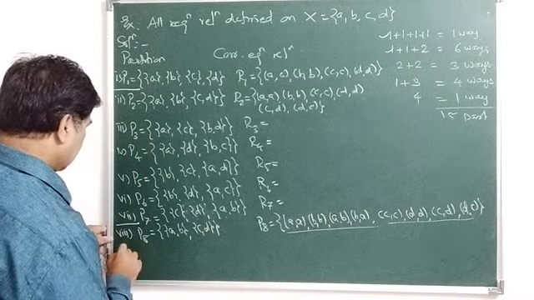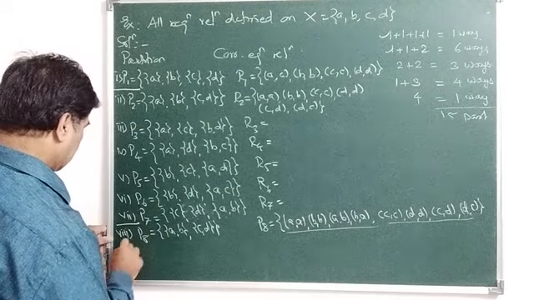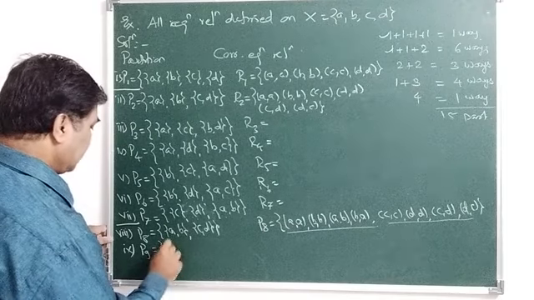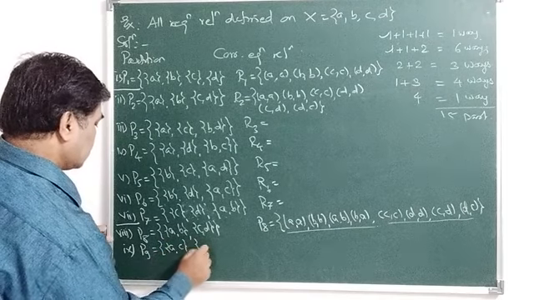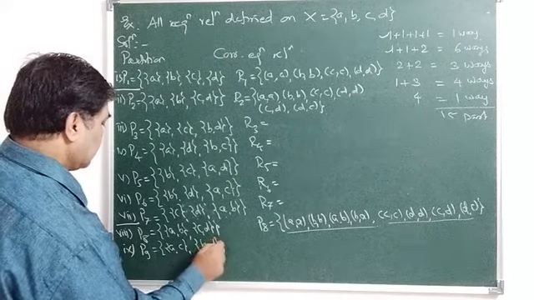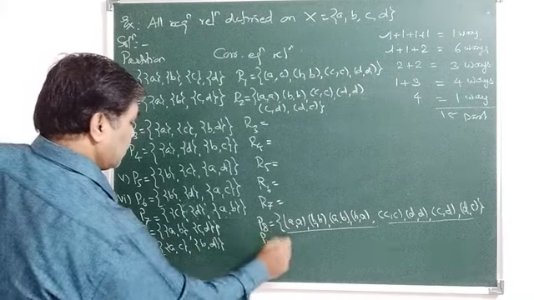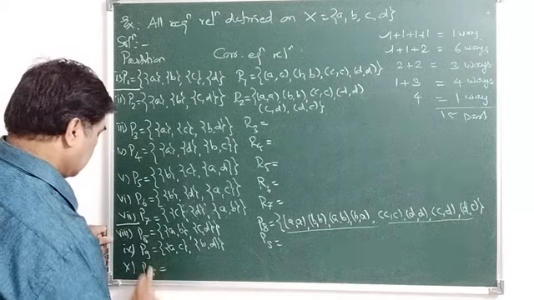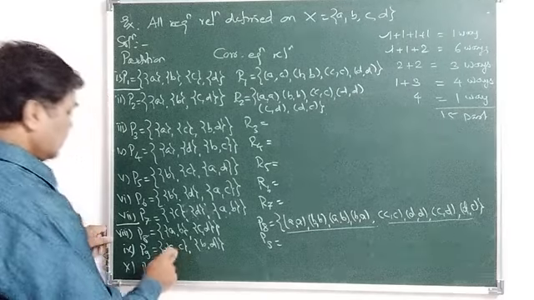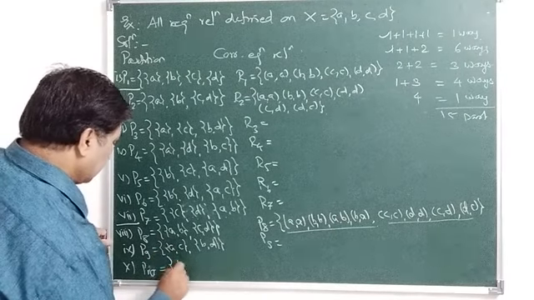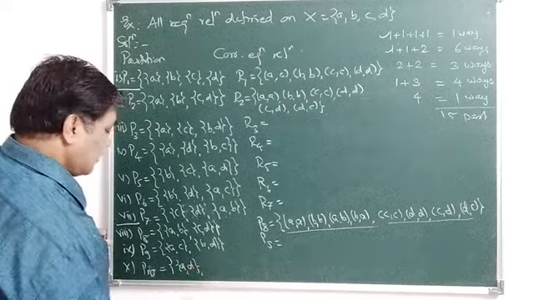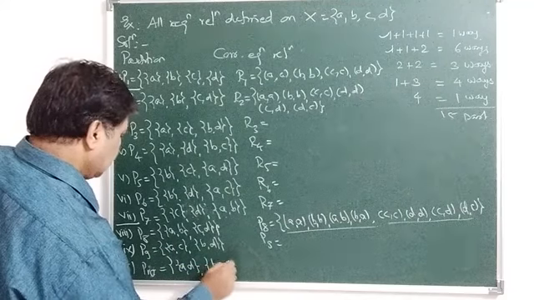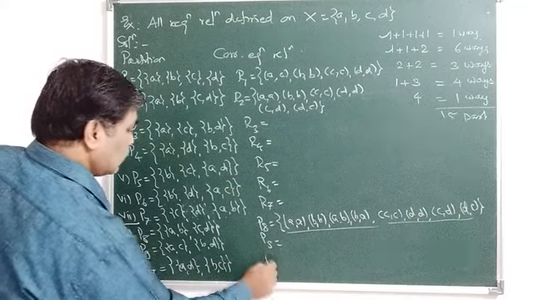Likewise, we will get 9th, P9 is equal to AB, then AC and BD. P9, 10, P10, will get, I have taken AB, AC, now AD and BC will get P10.